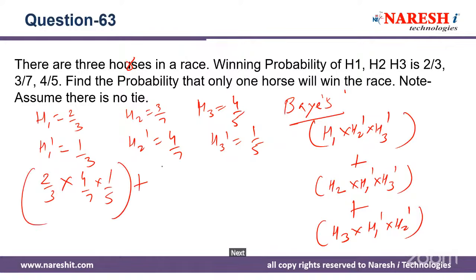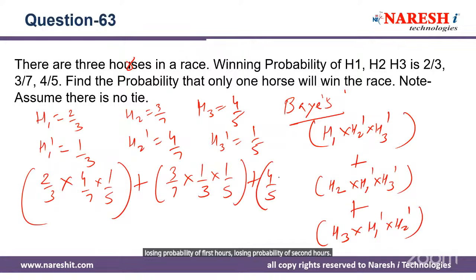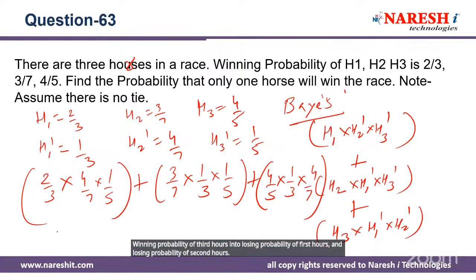Next, the winning probability of the second horse, that is 3 by 7, into the losing probability of the first horse and the losing probability of the third horse. Then the winning probability of the third horse into the losing probability of the first horse and the losing probability of the second horse.